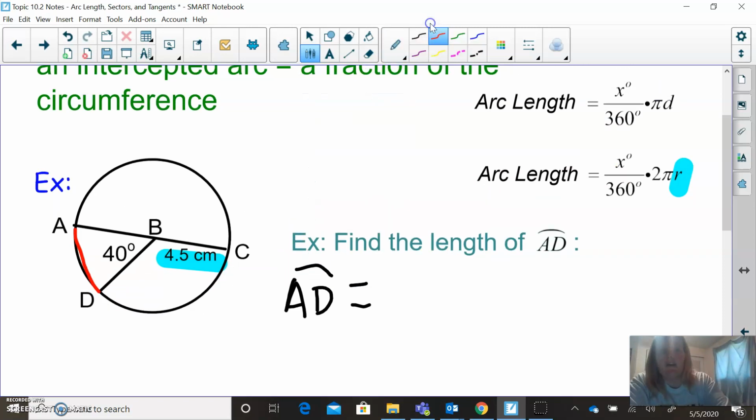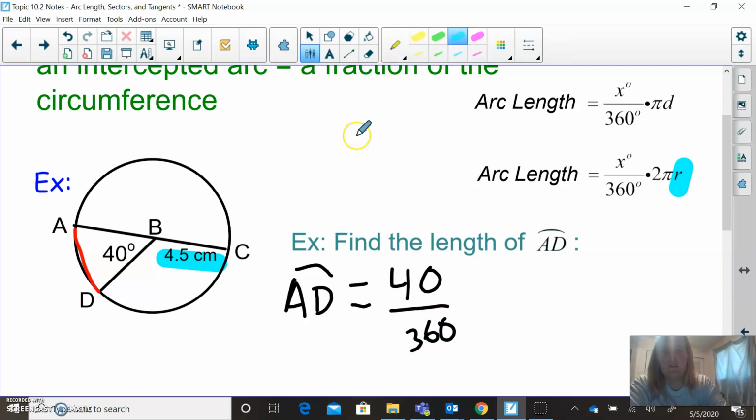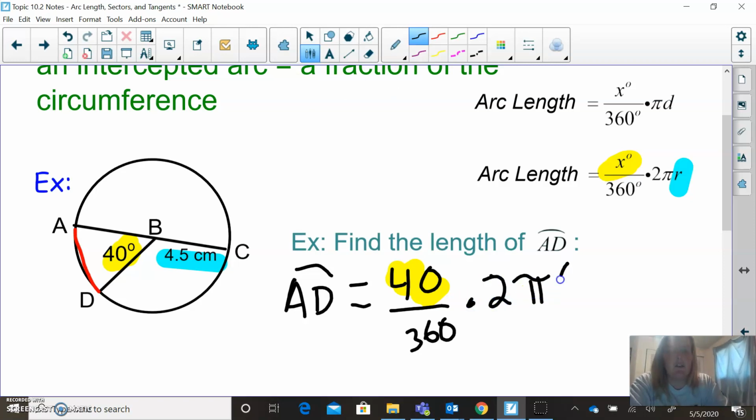Okay guys, let's plug in all our information. We're going to do the 40 divided by 360, and the 40 is right there, and it goes in there, part of the formula. Then we're going to times by 2 pi and then r, which is 4.5.